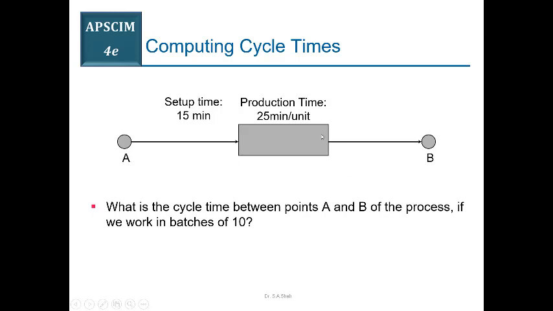So the cycle time of this particular process will be 15 plus 25 into 10, where 10 is the batch size, divided by 10, which will give you the actual cycle time of this particular activity.